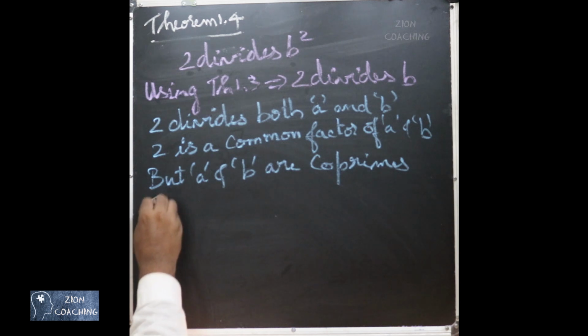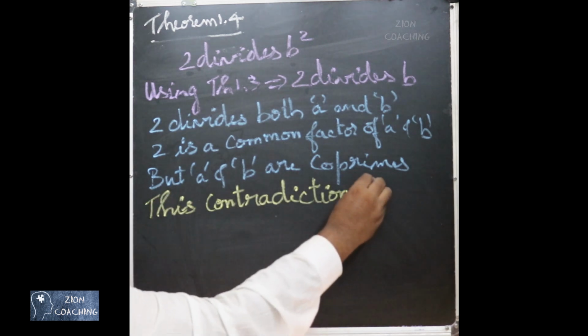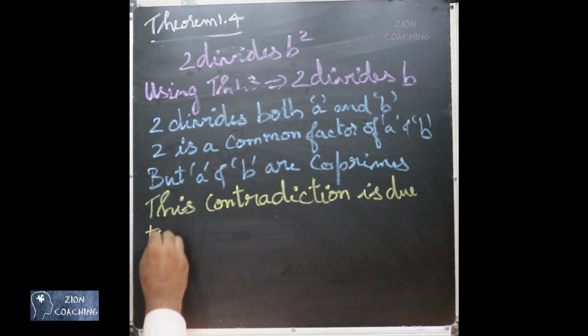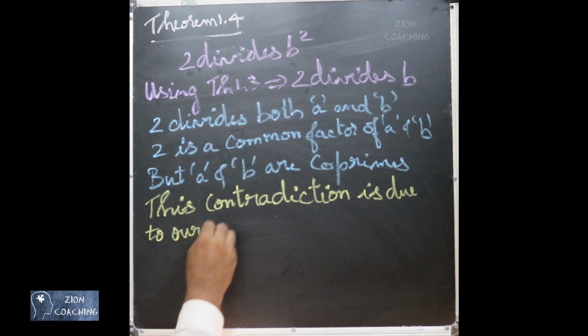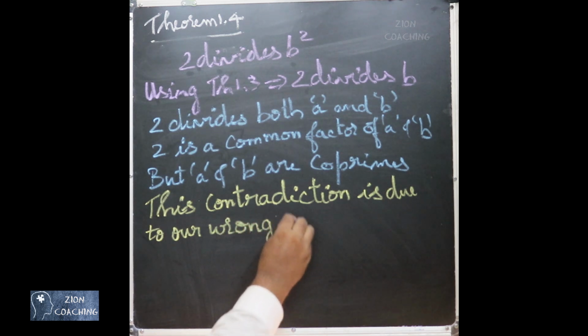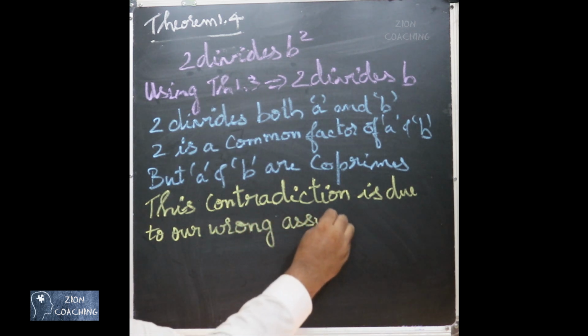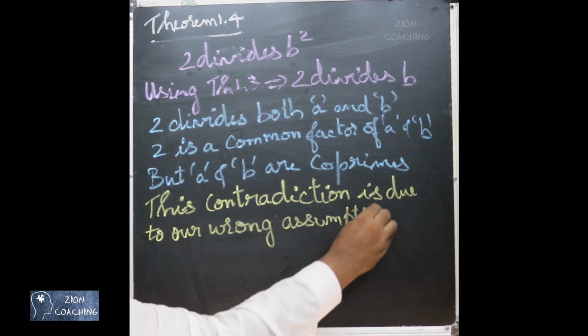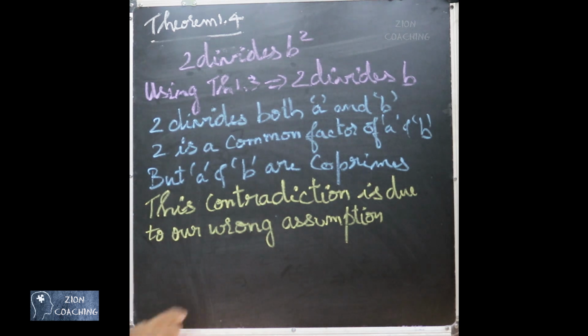So this contradiction is due to our wrong assumption. Only because of our wrong assumption we are getting such a statement. So now we have concluded that this contradiction happened because of our wrong assumption.